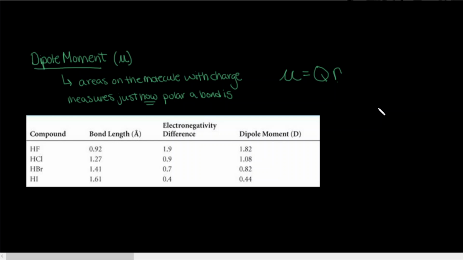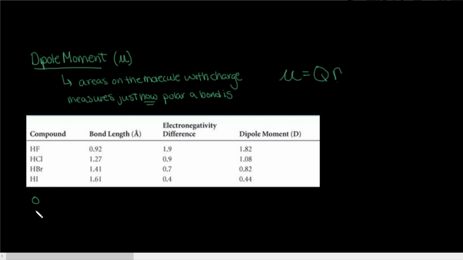What I want you guys to be able to recognize with dipole moments as we look at these particular compounds, these acids with the halogens, hydrogen to fluorine to chlorine to bromine and iodine, is how all of these things relate. When you go down this group from fluorine to chlorine to bromine to iodine, their radii get bigger, right?